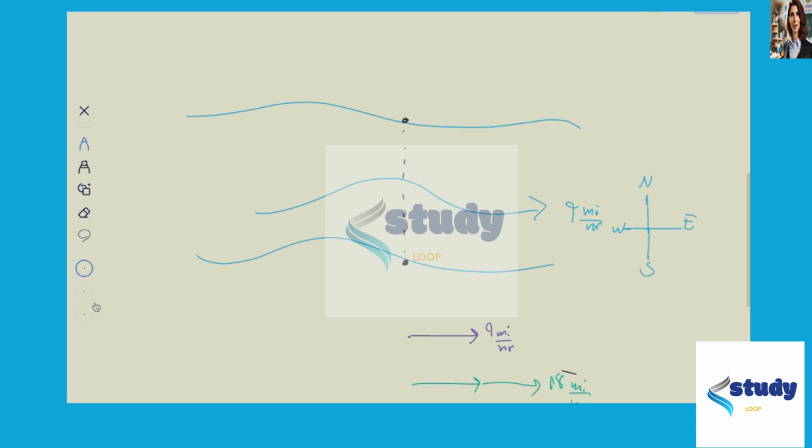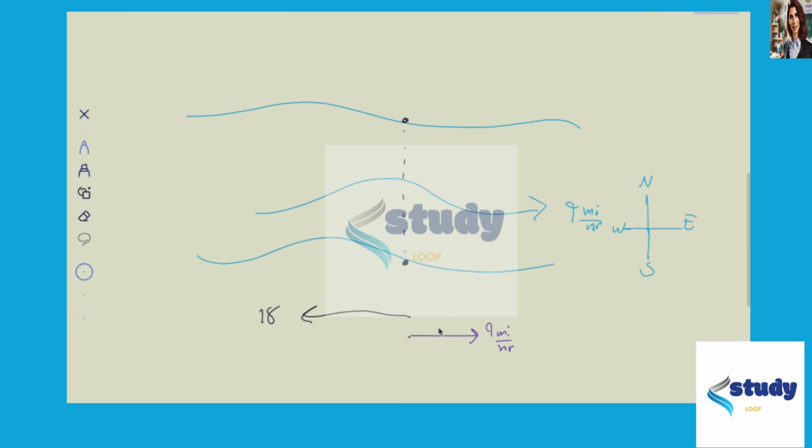What do I mean by that? Well, what if we faced our boat directly west, for example? What if our boat is going to go 18 miles an hour up the river in the westward direction? Remember, when we do vector addition to find out what our net velocity would be, we do tip to tail addition of the velocity vectors.